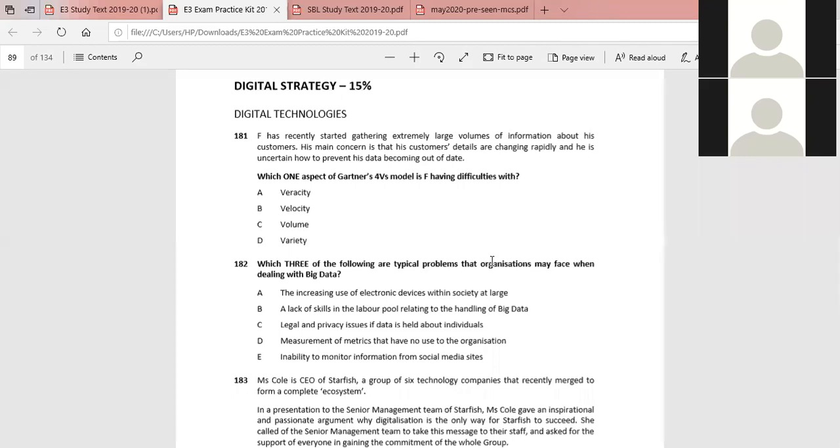F has recently started gathering extremely large volumes of information about his customers. His main concern is that his customers' details are changing rapidly and he is uncertain how to prevent his data becoming out of date. Which one aspect of Gartner's 4Bs model is F having difficulties with?